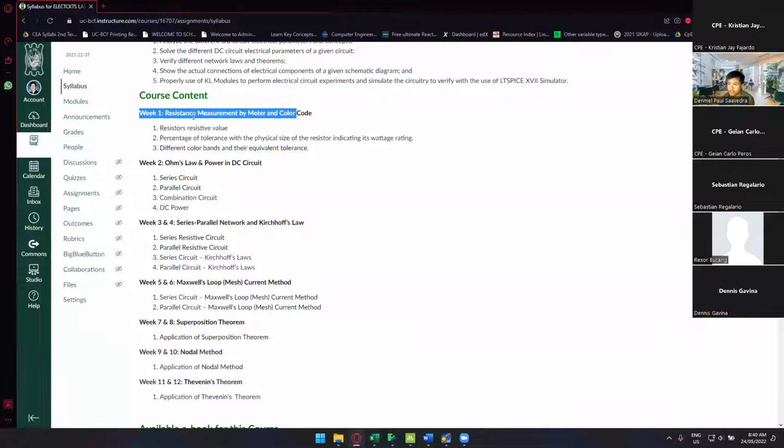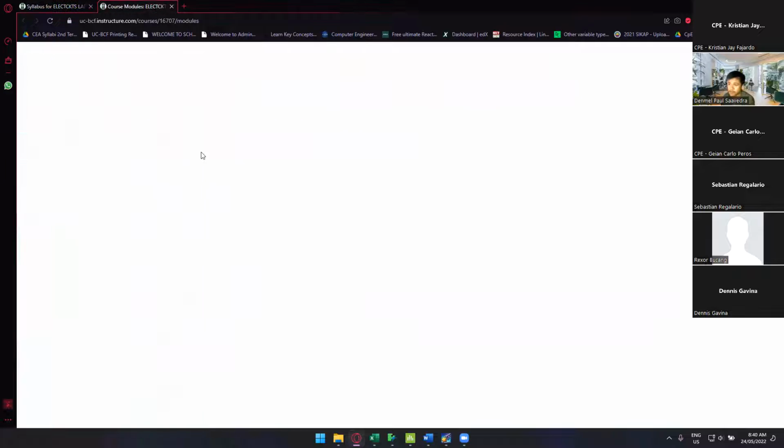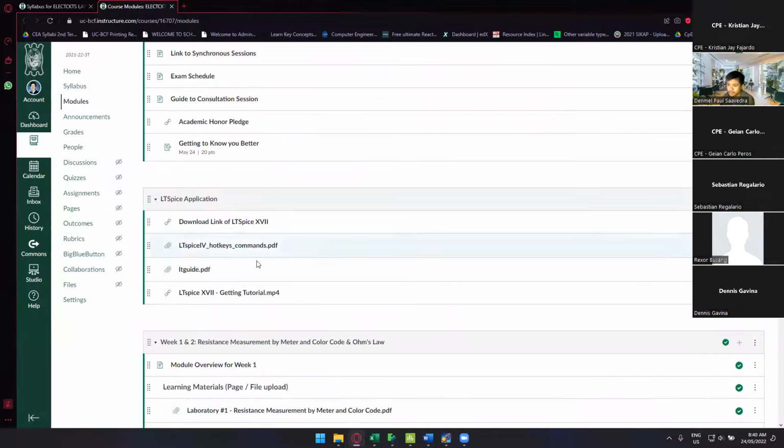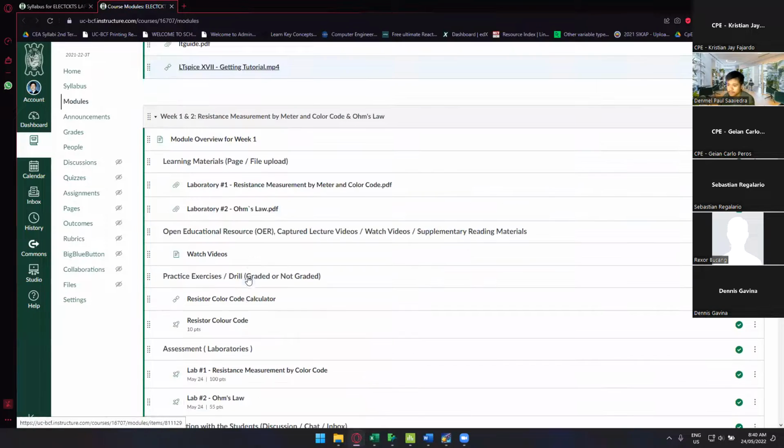Week 1 is two laboratories. The first one is measurement. Well, let me see if it's two laboratories. I think just one laboratory. This one is measuring the color band, resistance measurement by meter and color code.